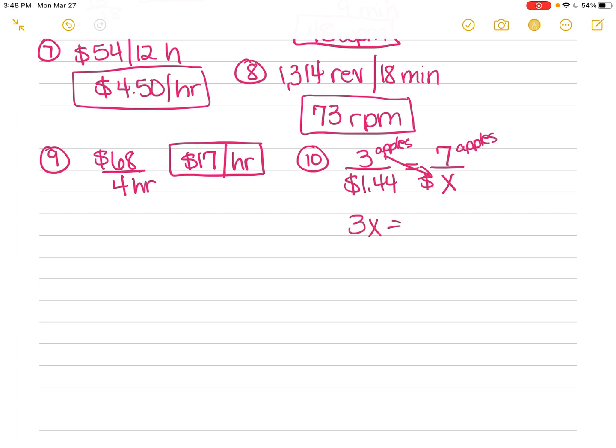And then I need to do the 7 times $1.44. And I get $10.08. And then I'm going to divide by 3. So when I do that on my calculator, I get $3.36. So that's how much 7 apples are going to cost.